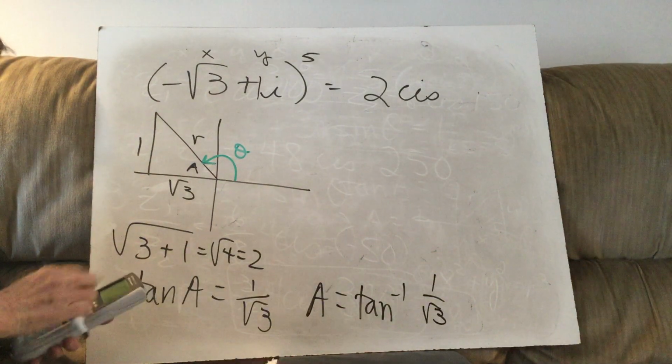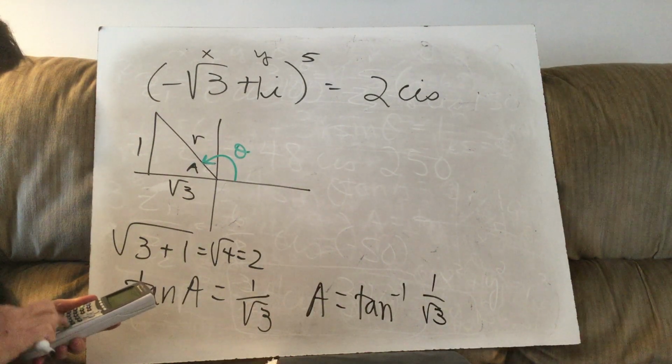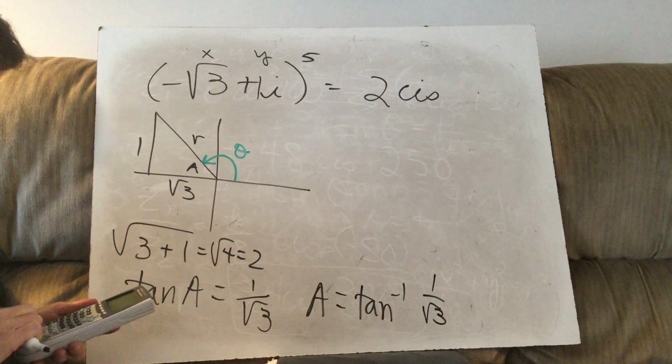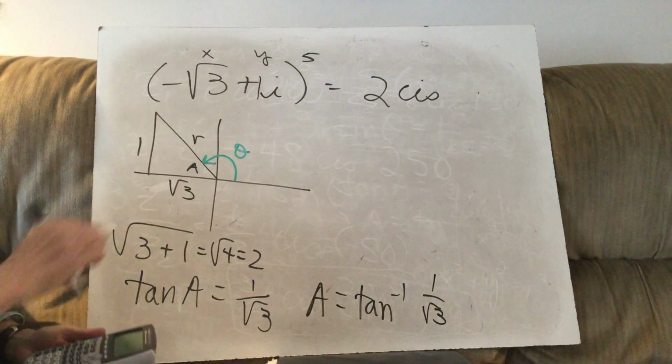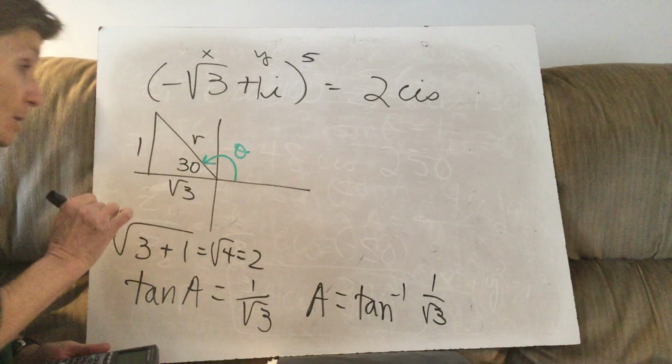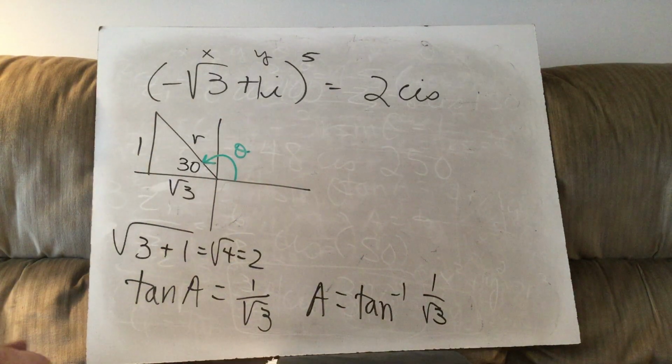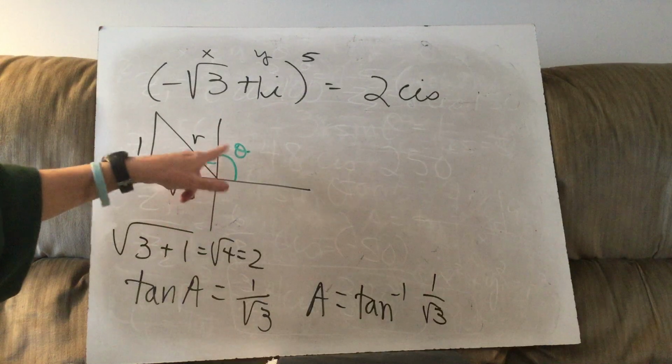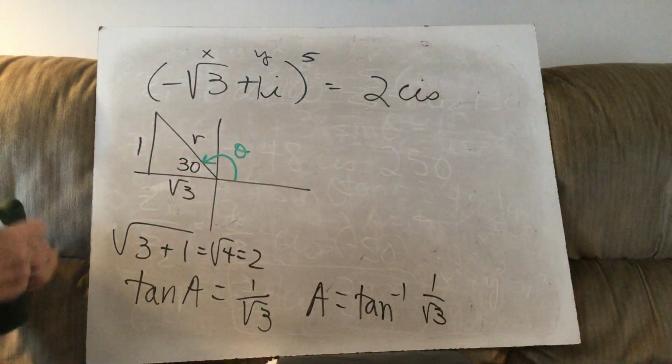So second tangent 1 divided by root 3. And I get 30. So this angle right here is 30. Which means theta is what? Theta is 150.